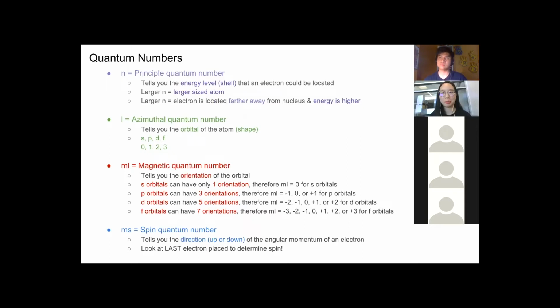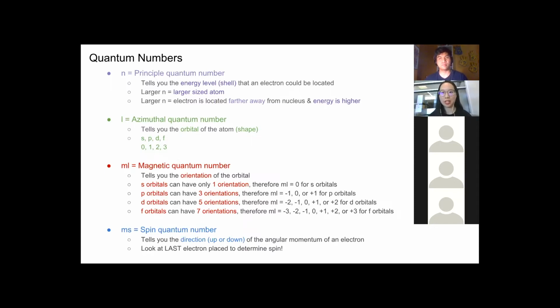So if you remember from hydrogen, I think hydrogen only has like 4 energy levels, right? And that's because hydrogen is very small. But something larger, like phosphorus or bromine, can have energy levels that go way higher than 4. This makes sense because bromine is a larger atom.